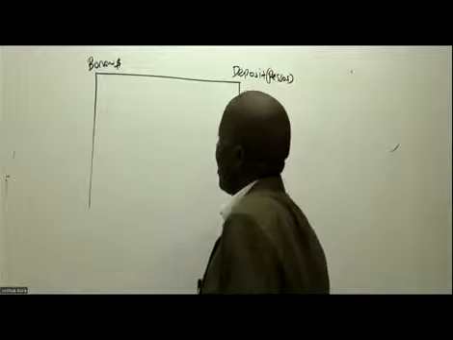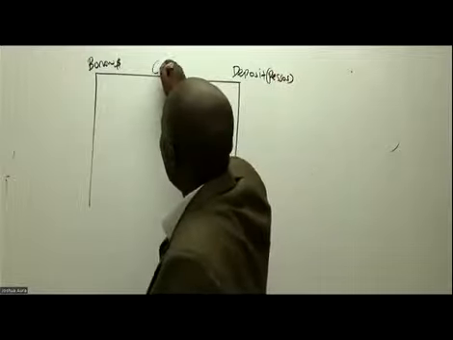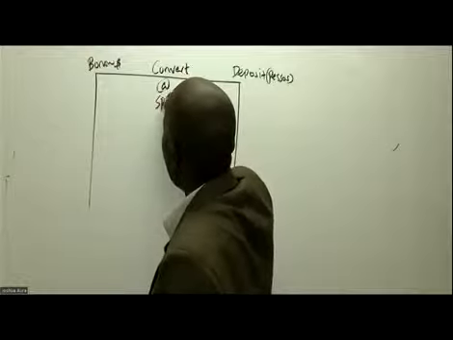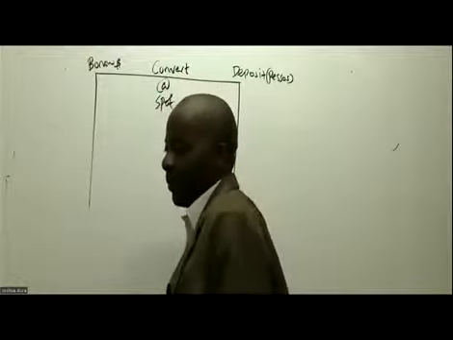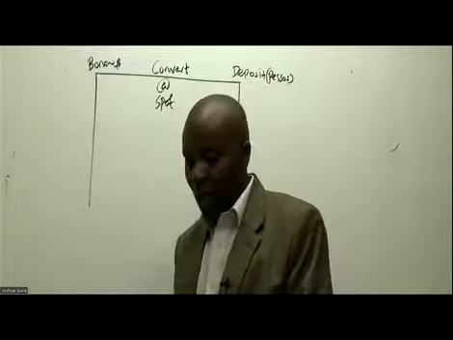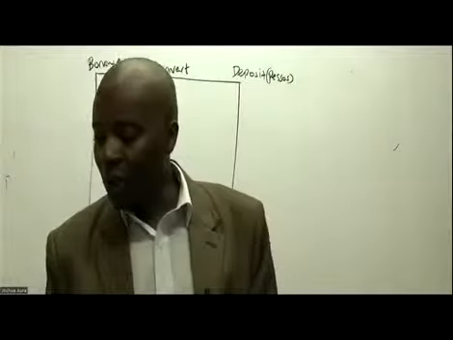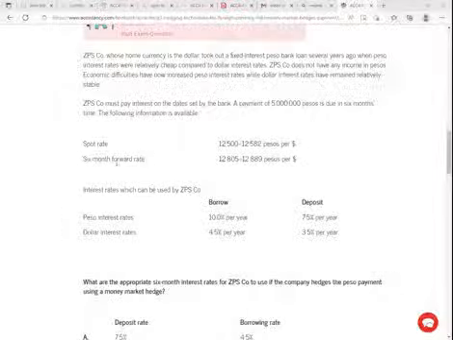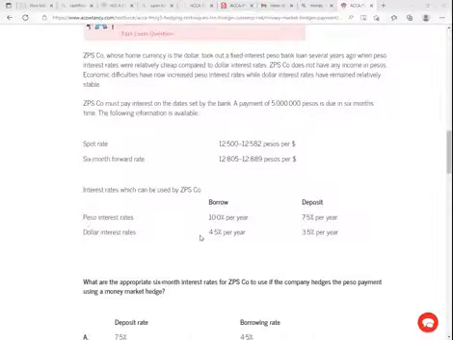And as somebody called Lily told us some time back, if it's money markets, we always convert at spot. You have given me the borrowing rate of the dollar. Dollar borrowing is 4.5% per year.